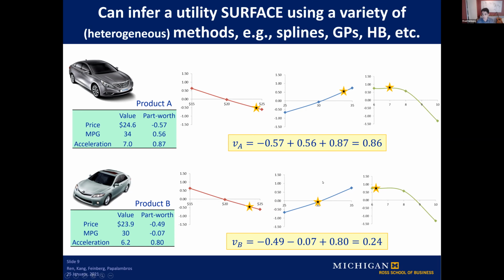But the point is, if we collect this right, we can then say, how do we optimize the product in terms of these specific attributes? And we can use splines or Gaussian processes and hierarchical Bayes and all that fun stuff that's been developed in the literature over the past couple of decades.